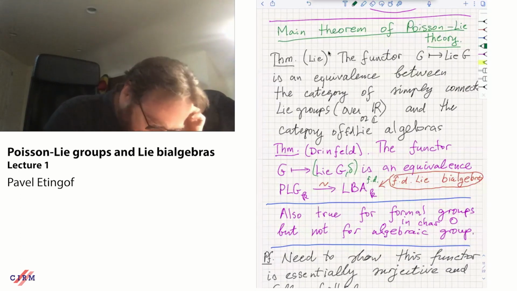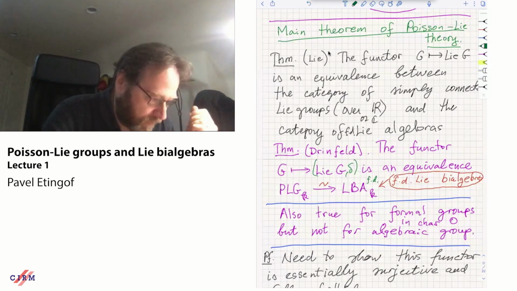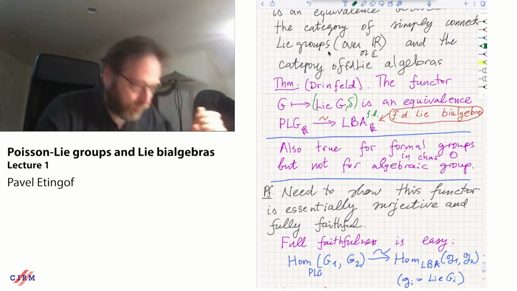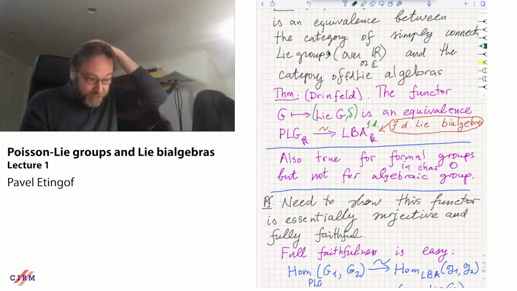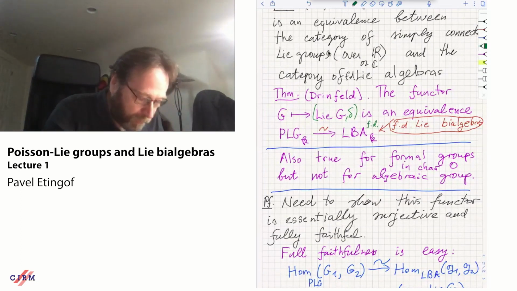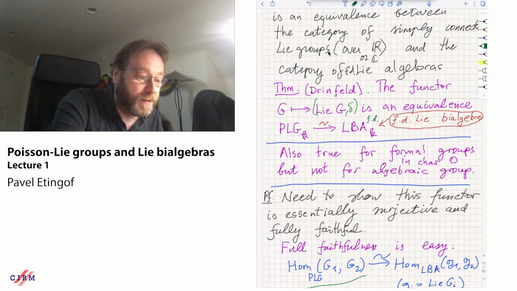Now let me talk about the proof of this theorem. To show that some functor is an equivalence of categories, we need to show that it is essentially surjective and fully faithful. Fully faithful means that it defines an isomorphism on morphisms.